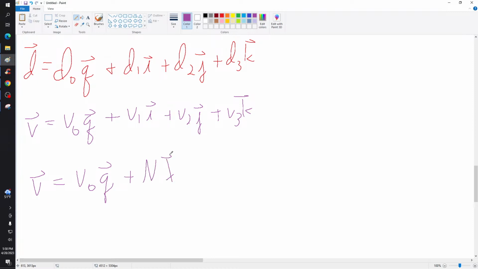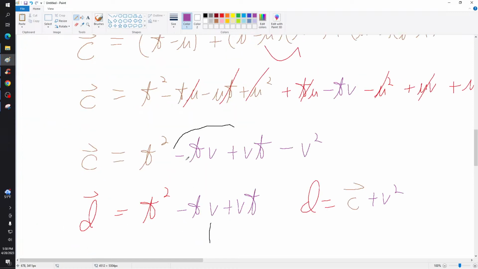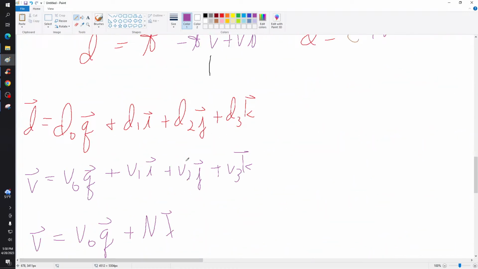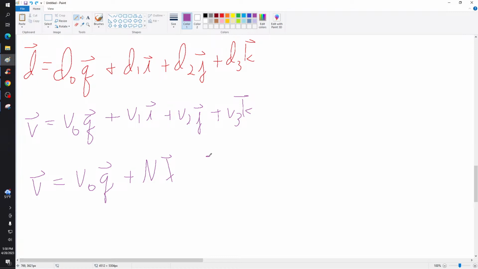We're going to attune the entire quadratic equation to the imaginary unit vector of v, where n equals the square root of v1, which is the i component squared, plus v2 squared plus v3 squared.